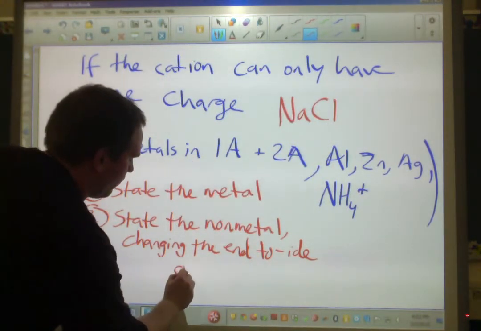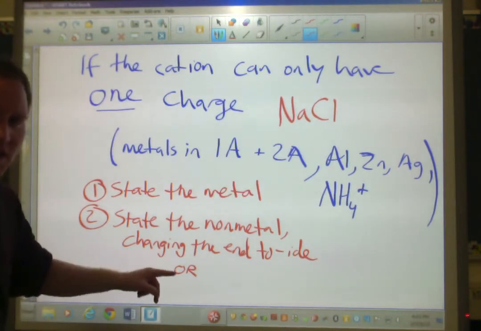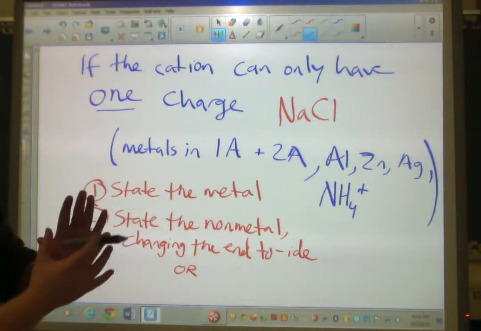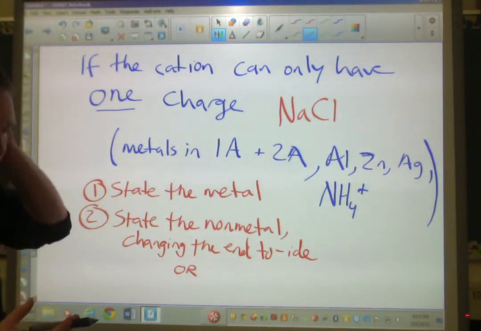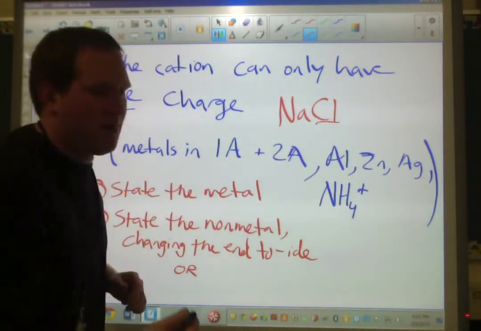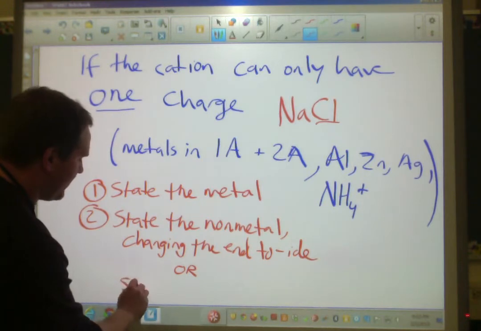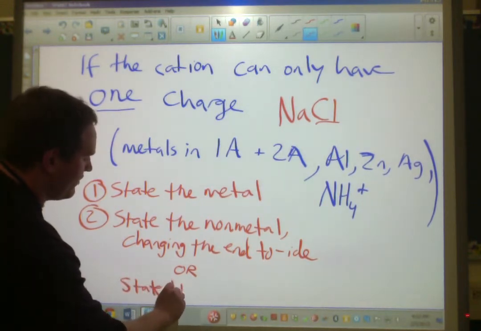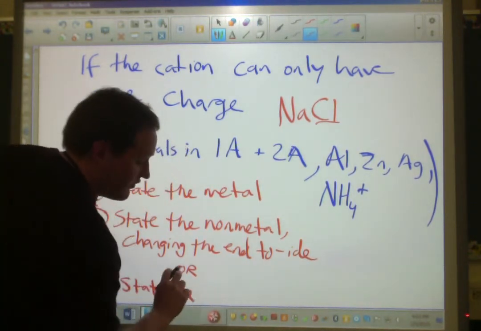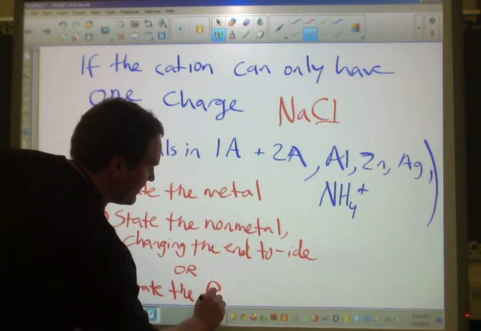I'm going to say here, or if it's not an anion in the sense that it's like a single element, so if you don't have this, you're probably going to have some kind of polyatomic. So I'm going to say, or just state the name of the polyatomic ion. So I'm just going to say PI.